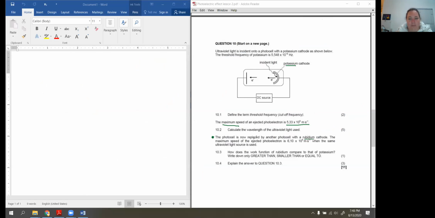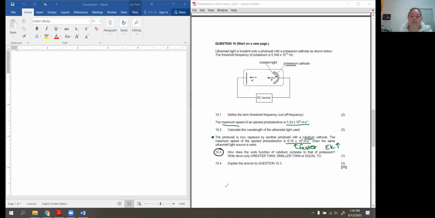The maximum speed of the ejected photoelectron is 6.1 times 10 to the 5 meters per second. That means that this is faster. If it is faster, that means that my kinetic energy is larger. I can assume all of that from the comparison of those two values.